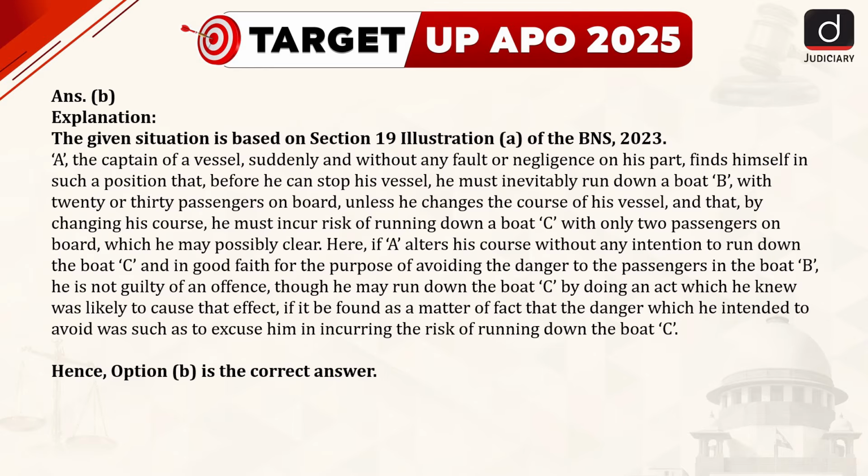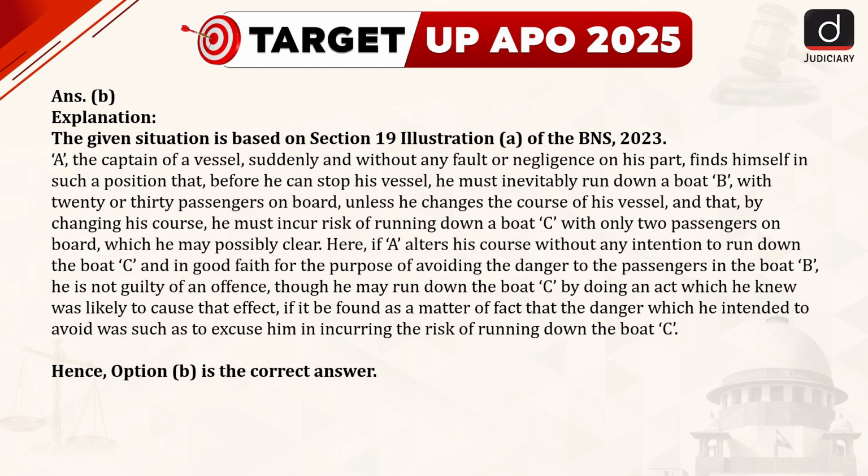Illustration A of Section 90 of BNS states that A, the captain of a vessel, suddenly and without any fault or negligence on his part, finds himself in such a position that before he can stop his vessel, he must inevitably run down a boat B with 20 or 30 passengers on board, unless he changes the course of his vessel, and that by changing his course he must incur risk of running down a boat C with only 2 passengers on board, which he may possibly clear.